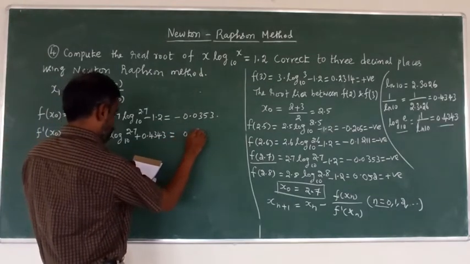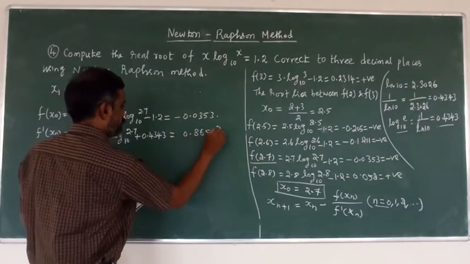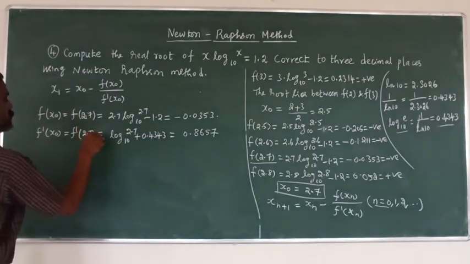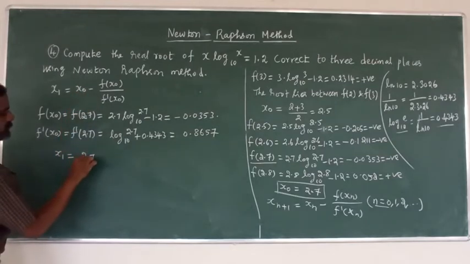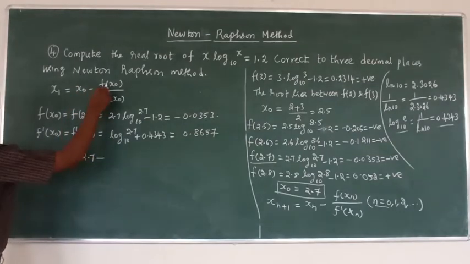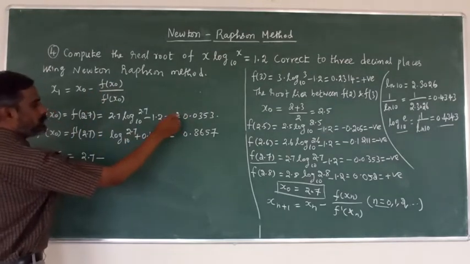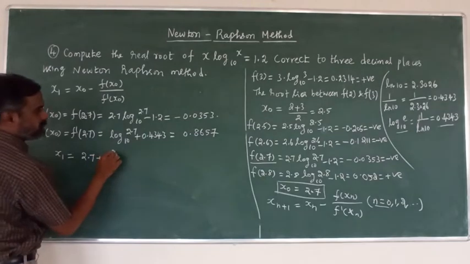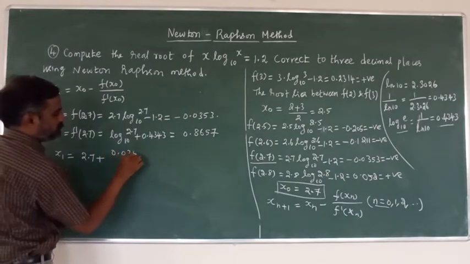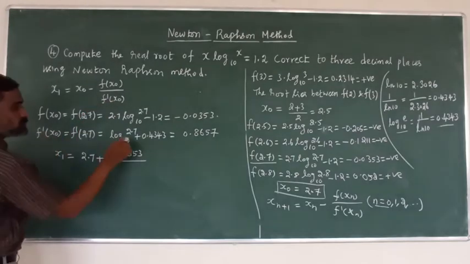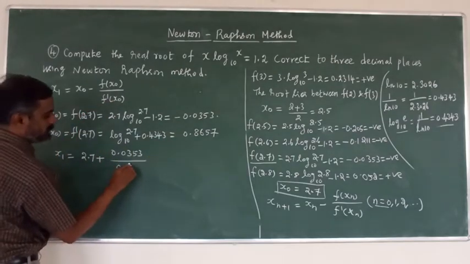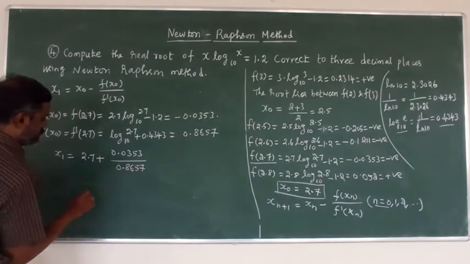Result 0.8657. Now these two values substitute here. x₁ equal x₀ value 2.7 minus f(x₀) value minus 0.0353, here minus will be changed to plus, 0.0353 divided by f'(x₀) value 0.8657.